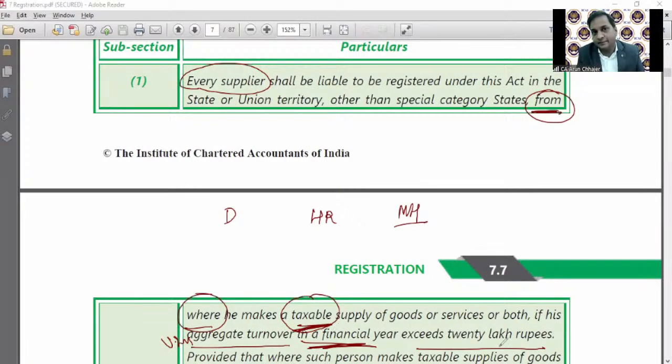If it is a taxable supply, and if my aggregate turnover exceeds the threshold limit, that is 20 lakhs, in a financial year. Point to be noted, it does not talk about the preceding financial year. Meaning thereby, if during the financial year the turnover exceeds 20 lakhs, or maybe 10 lakhs, maybe 40 lakhs, we will discuss, but if during the financial year the turnover exceeds, you need to take registration.